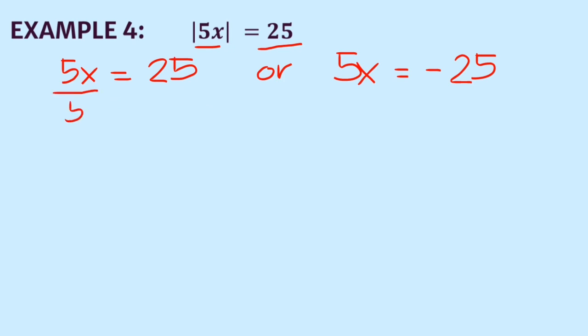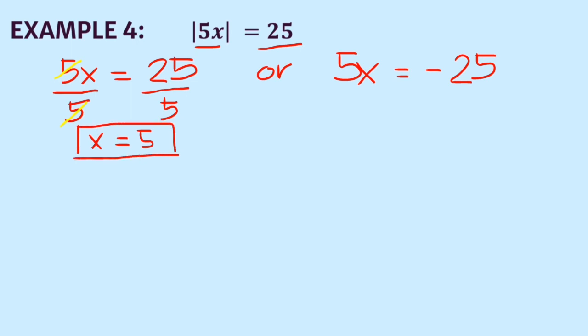Divide this by 5, right? For us to be left with x. Now, we can cancel this out. And we are left with what? We are left with x is equal to 25 divided by 5, which is 5. So this is our x.